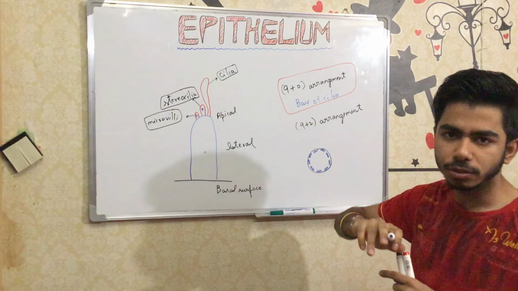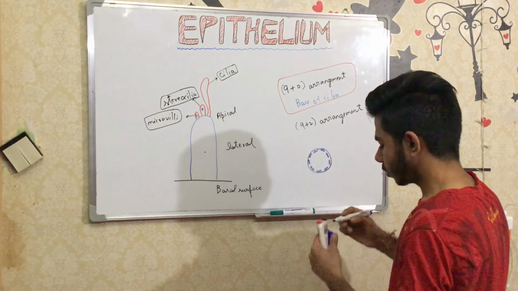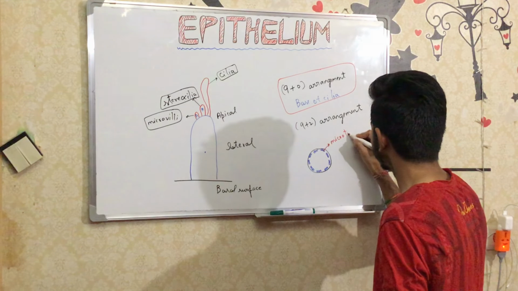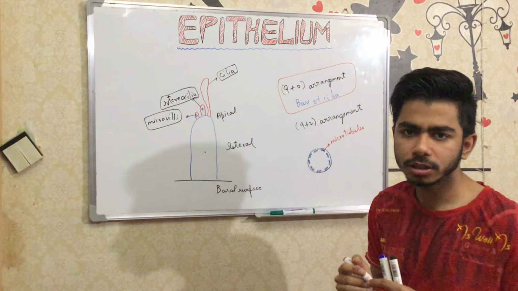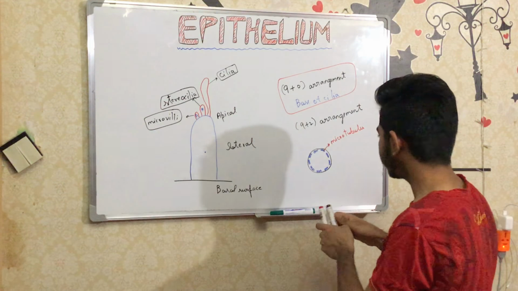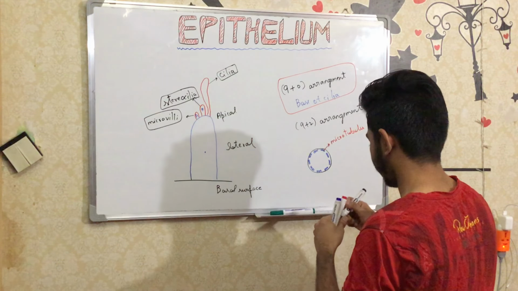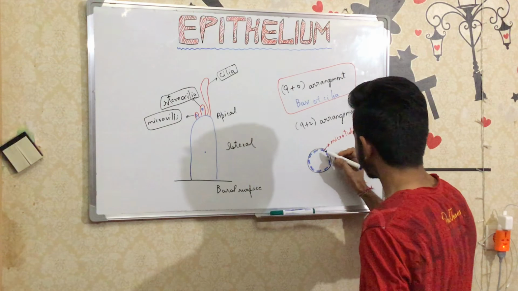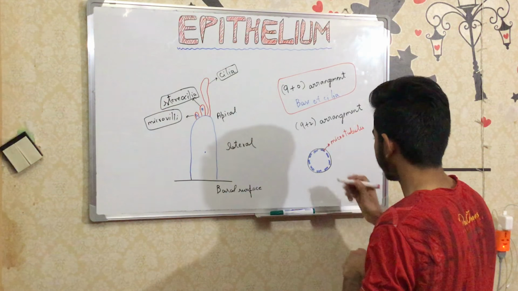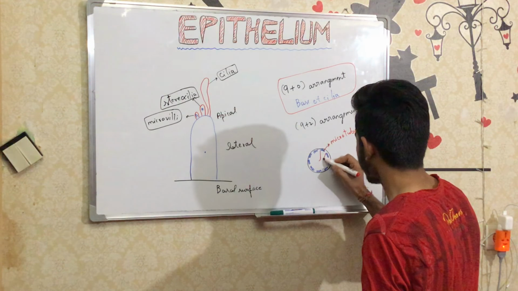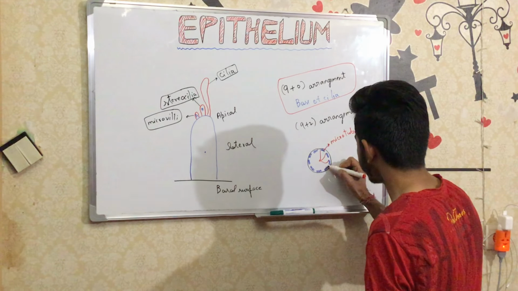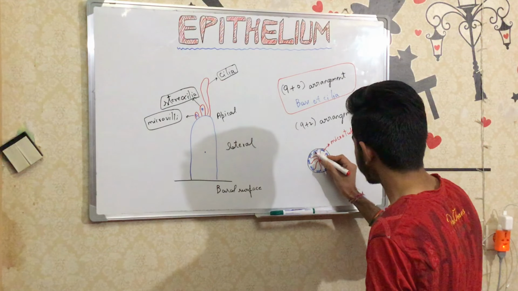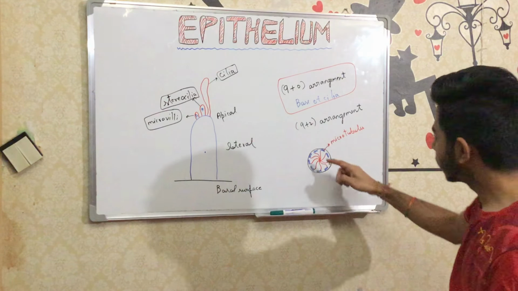These are the microtubules, and they are bound like this. These are the radial fibers over here.